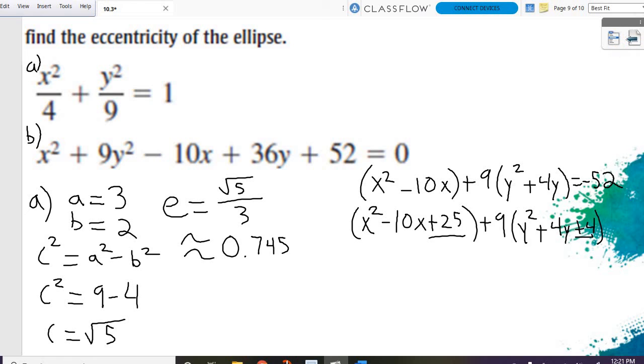And then what do we need to add to our negative 52 this time? We need to add 25, right? And then we would also have to add not 4, but 36.